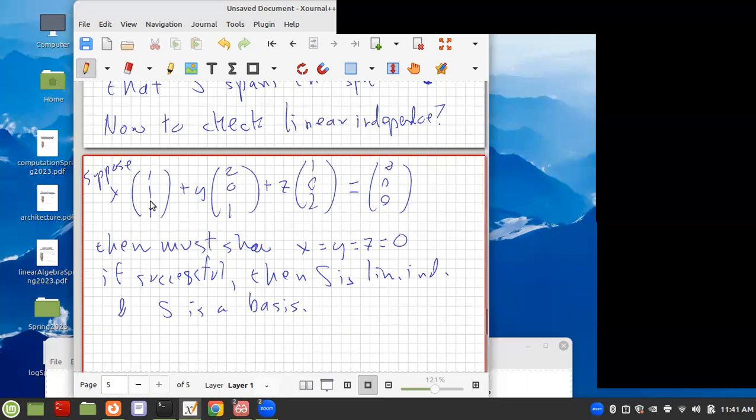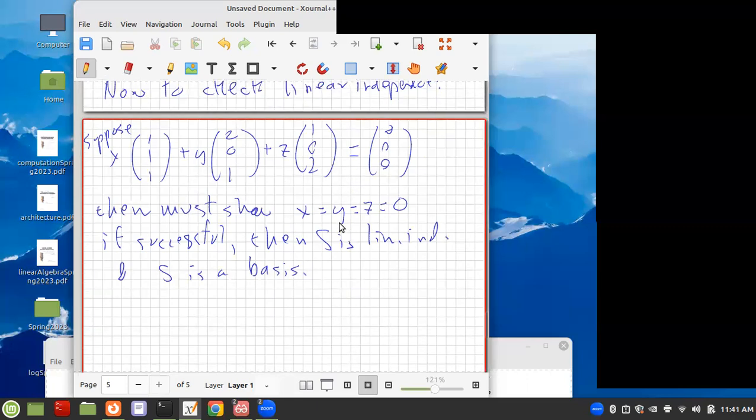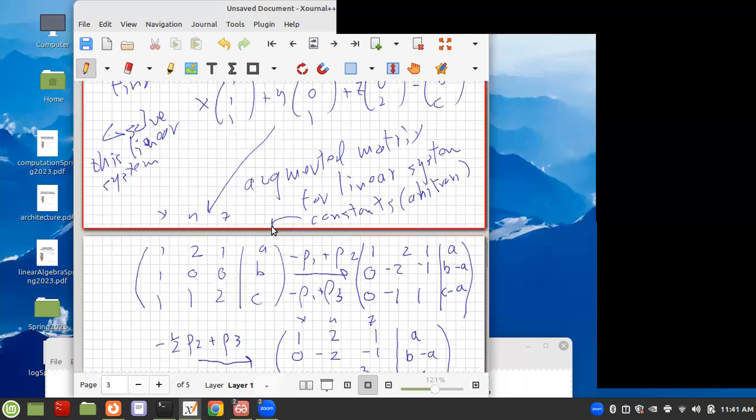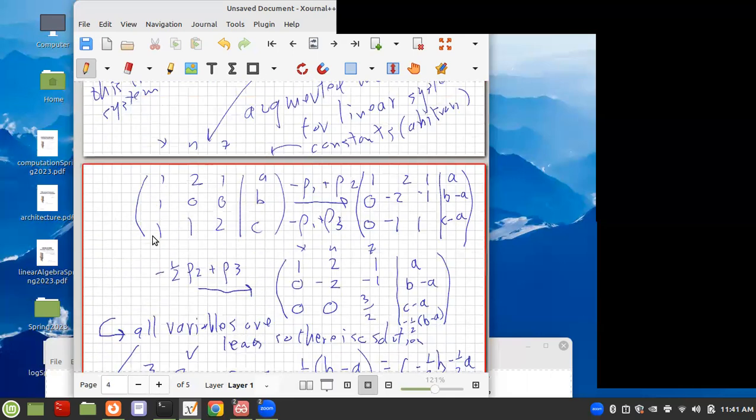Okay, so now we could go through and say, well, this linear system has an augmented matrix, 1, 1, 1, 2, 0, 1, 1, 0, 2, and 0, 0, 0. But you notice that this is a special case of this augmented matrix for the previous system. It's the special case when A, B, and C were 0.